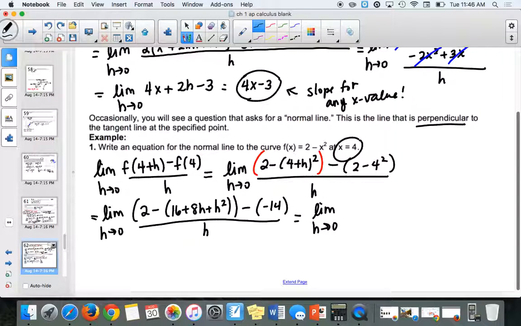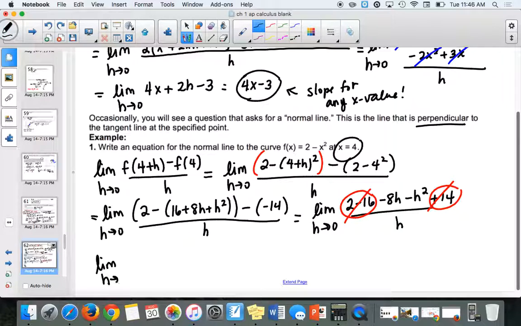So I get 2 minus 16 minus 8h minus h squared plus 14 all over h. So I did minus a negative, made plus. So do you guys see how the 2 minus 16 is negative 14 and we have positive 14? Those are gone, just like we want. Anything that was just a number is gone. So we end up getting the limit as h goes to 0, negative 8 minus h. So our answer is negative 8.